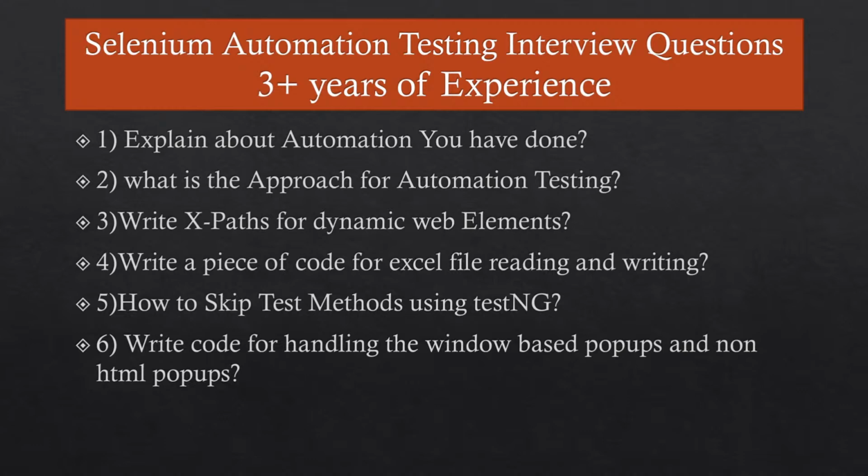So what is the approach for automation testing? The automation test process will be like: first we need to do a feasibility analysis. After that we need to select one tool for automation. Then we have to select and develop one framework. After that we have to develop, analyze and execute the test scripts. Okay, that is the approach for automation testing.